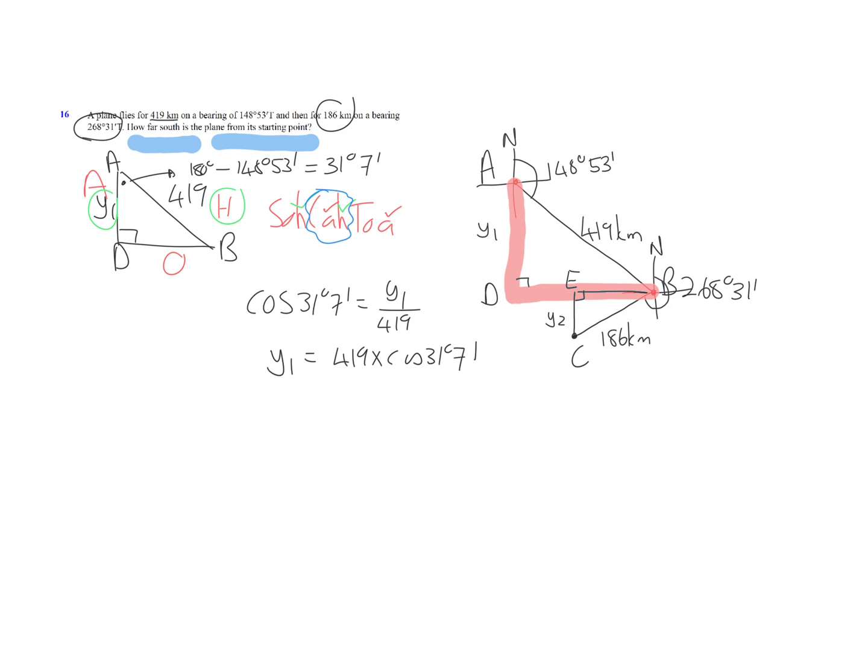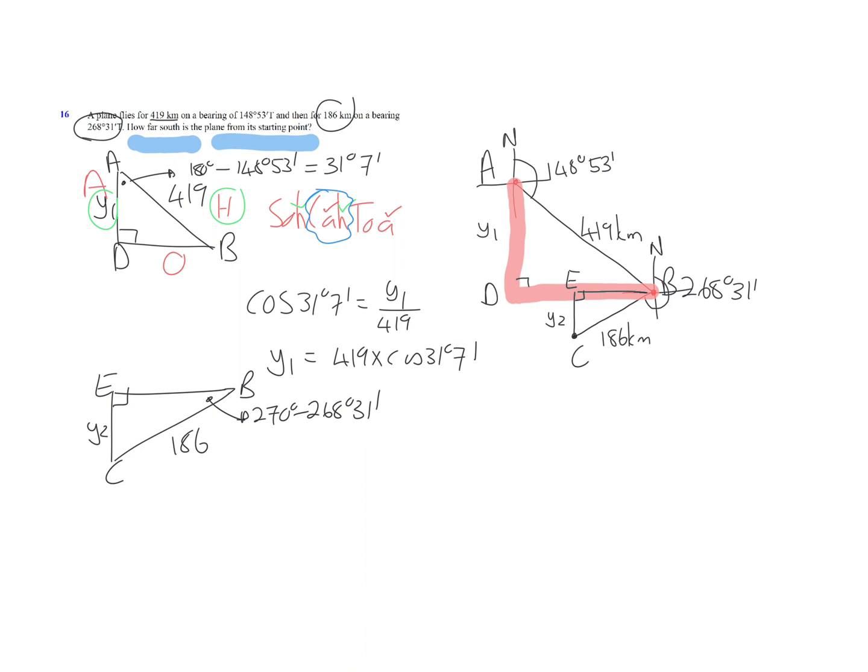Then triangle BEC. So that's B here, E which is 90, C that's Y2, the hypotenuse is 186. This angle is just short of 270. So it's 270, take the 268 degrees, 31 minutes.